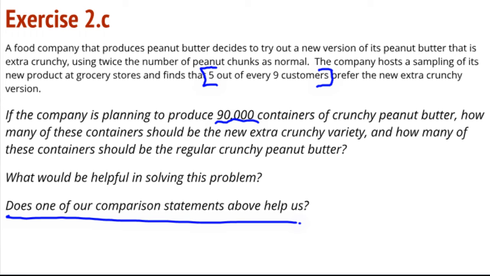Well, we said that 5/9 of customers preferred the new.